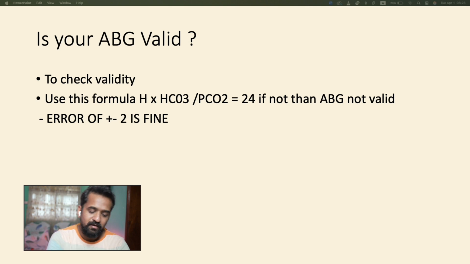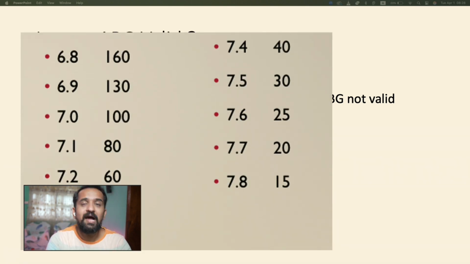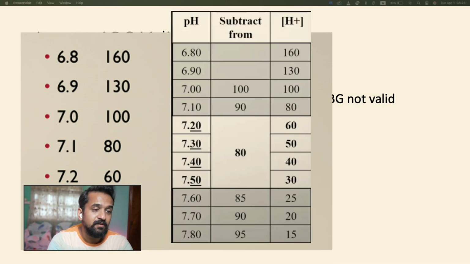Now, how do you know the hydrogen ions? That's the question. There are tables on the internet. They are available everywhere. It's basically comparing your pH, which you know from the ABG, to the number of hydrogen ions that you have. So let's take an example of this window here. You can look at 7.2 to 7.5.